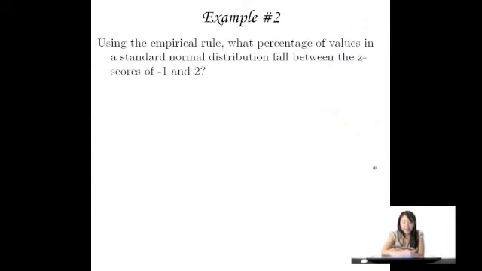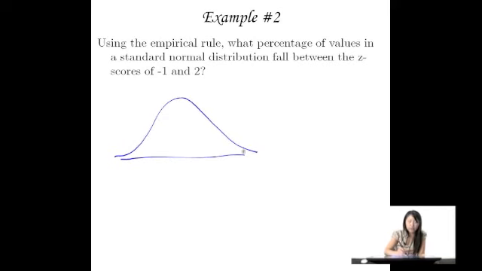Okay, so here's another example. Using the empirical rule, what percentage of values in a standard normal distribution fall between the z-scores, or standard deviations, of -1 and 2? Let's draw it out again. It's nice to sketch it so that you know where you're headed.